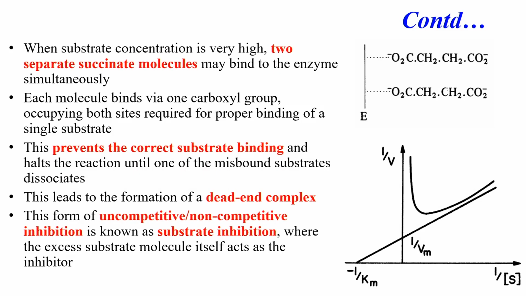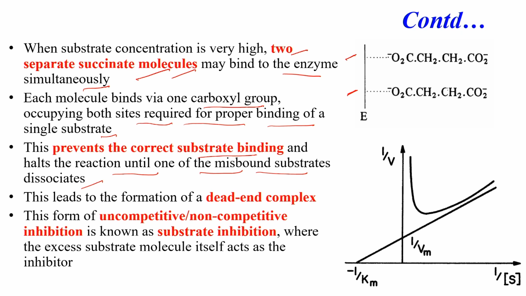So, what it says is, when substrate concentration is very high, two separate succinate molecules may bind to the enzyme simultaneously here. Each molecule binds by one carboxyl group, occupying both sites required for proper functioning of a single substrate. And once this is done, this prevents the correct substrate binding and halts the reaction until one of the misbound substrates dissociates.